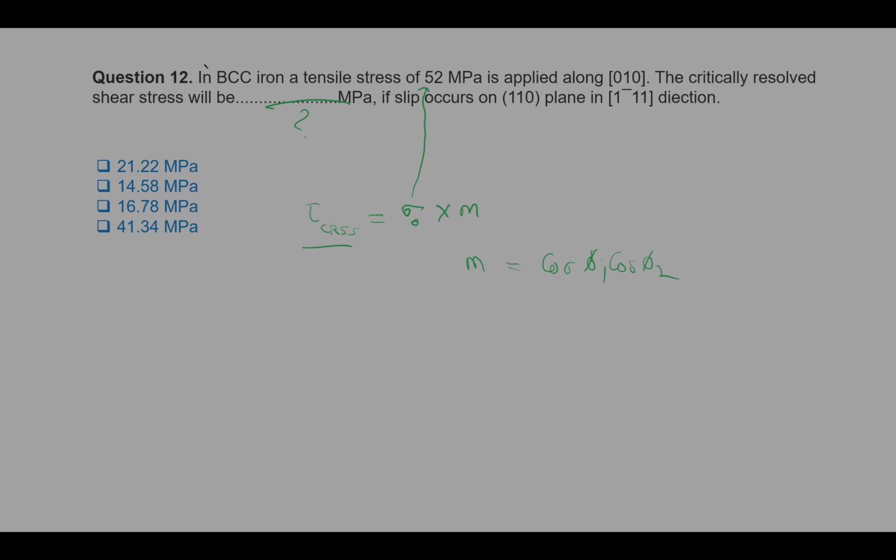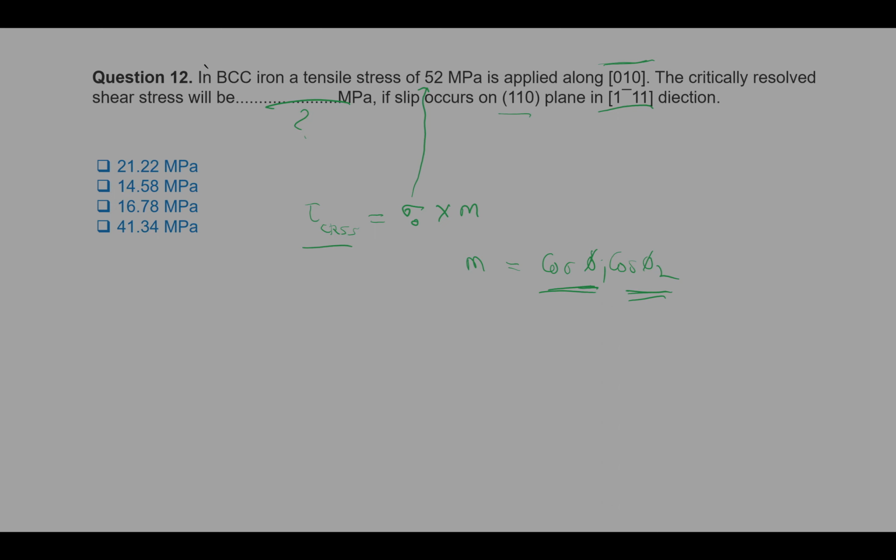So how can we find cos phi 1 and phi 2? Phi 1 is the angle between the applied load and the direction of the plane normal, and phi 2 is the angle between the load direction and the slip direction.